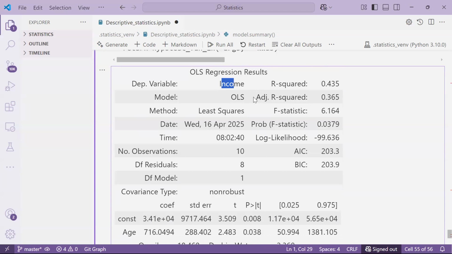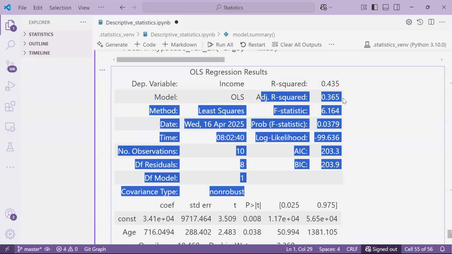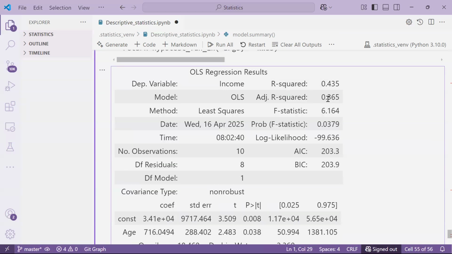Most of the time R square is a good measure, but in some scenarios we use adjusted R square also. With adjusted R square, we adjust for the number of predictors. Number of predictors means your age is one predictor. It is lower than the R square value due to having only one feature.